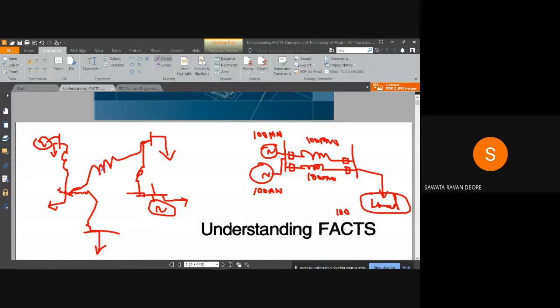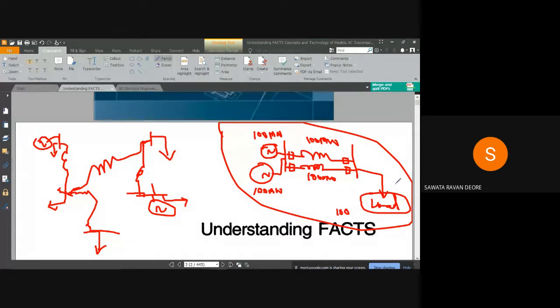So now the question is, why do we actually require the transmission interconnection? As I said, the cost involved in this isolated power system is much higher. So that is the economic point of view, and the second is reliability.